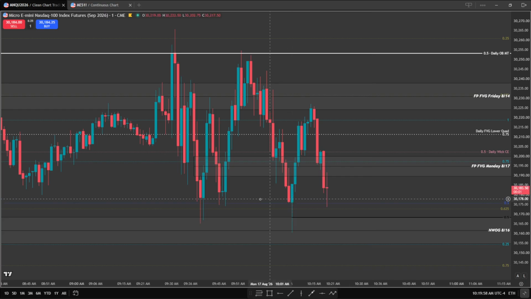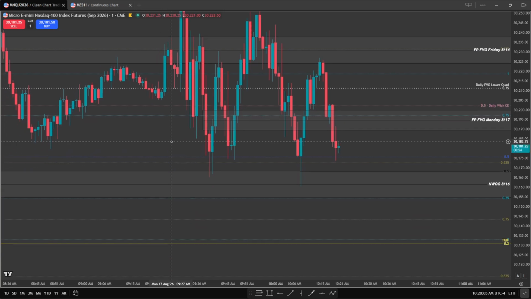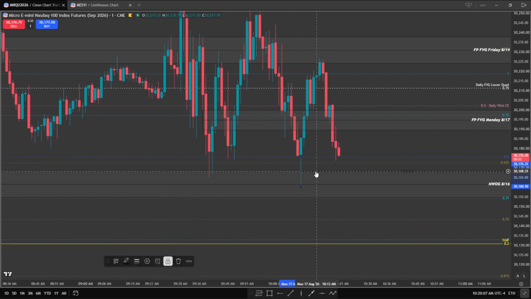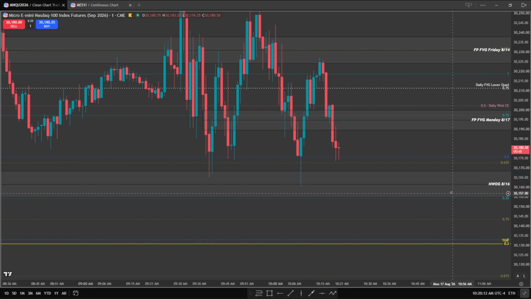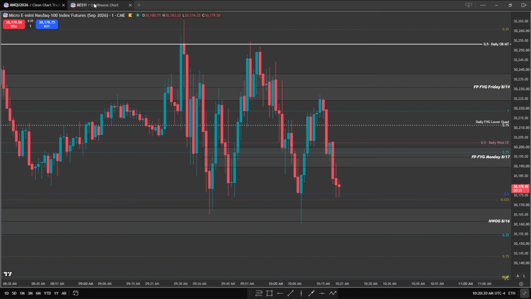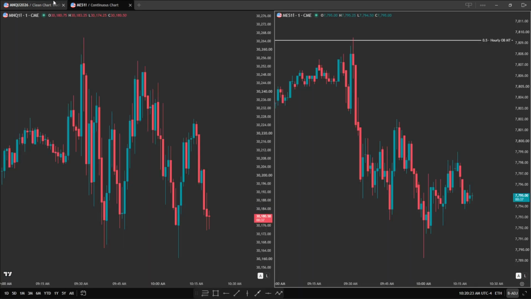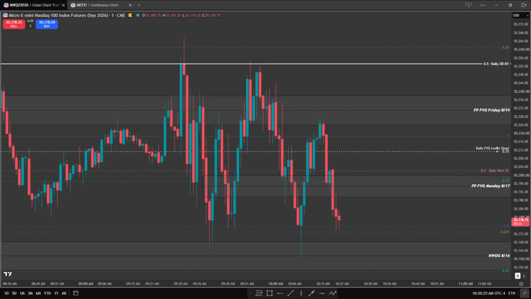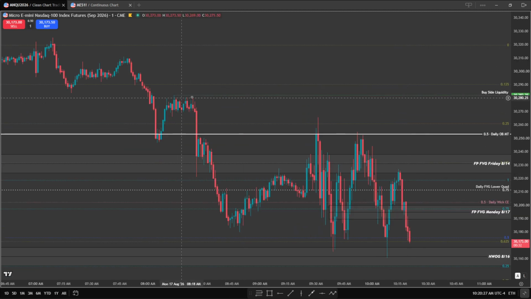All the bodies are holding the midpoint of the new day opening gap, which is kind of interesting. It's tempting to look for a long down here. It's 1020. Right now, the only thing that's really obvious is this buy side right here.